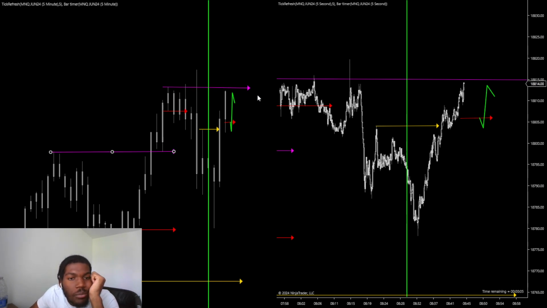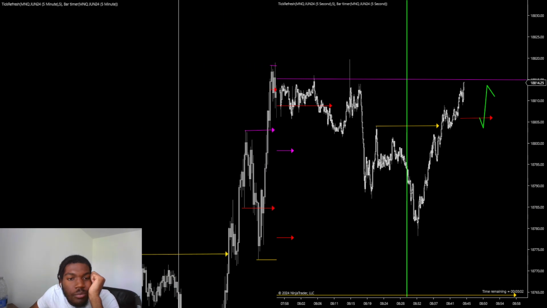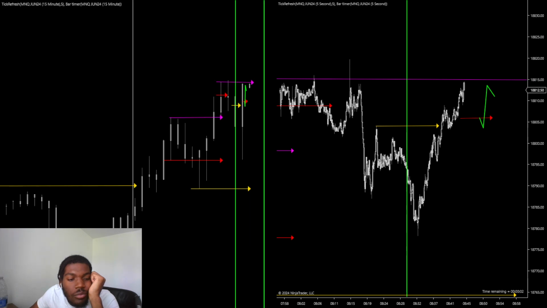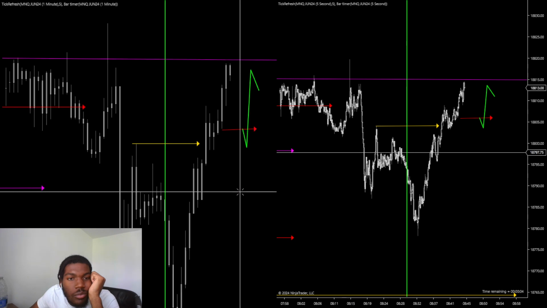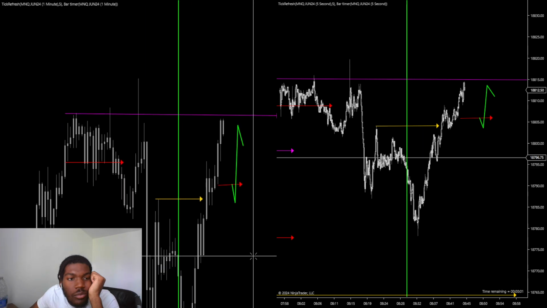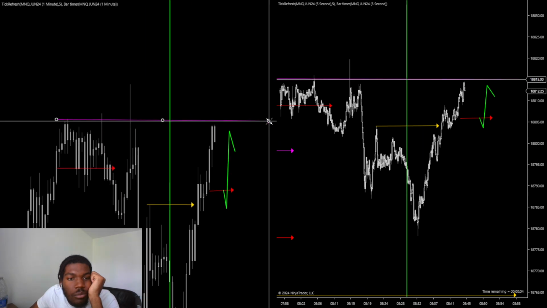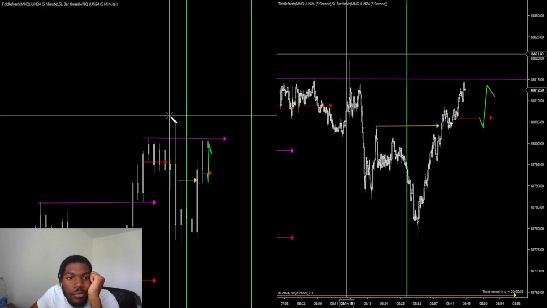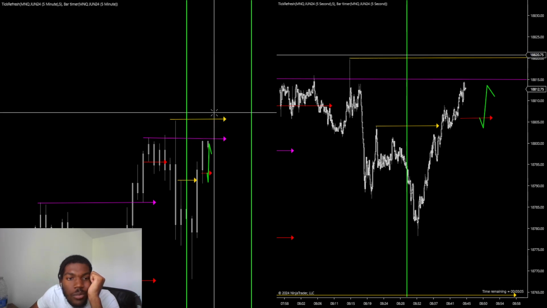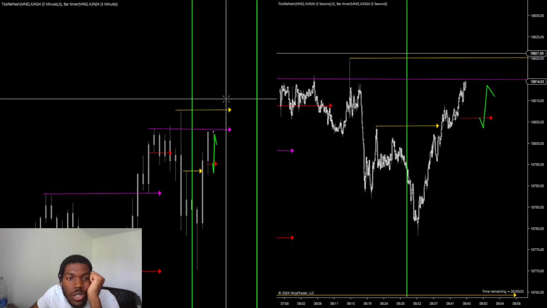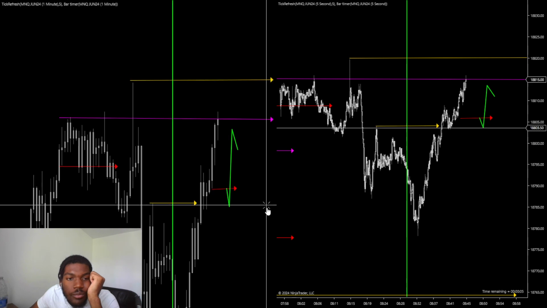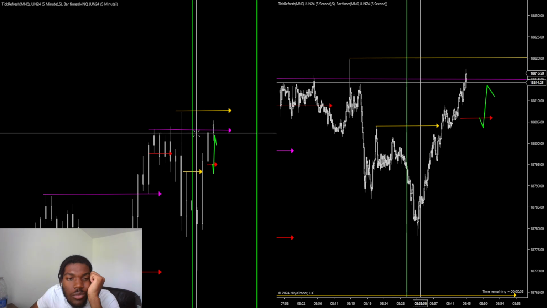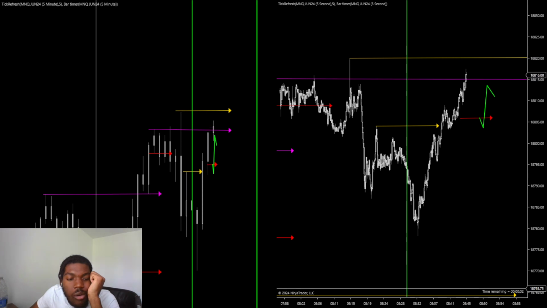I'd have to see something on the 5 minute, a wick above this high on the 5 minute, to engage in a move down. So I need to see a failure.